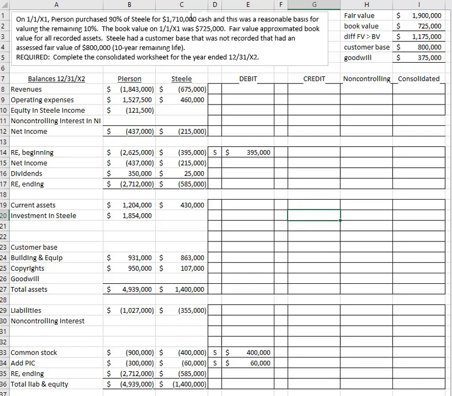So 90% is going to go here, and the other 10% is going to the NCI. So that's a little bit new. Okay, and the other, line up our three debits, and verify our debits equal our credits.